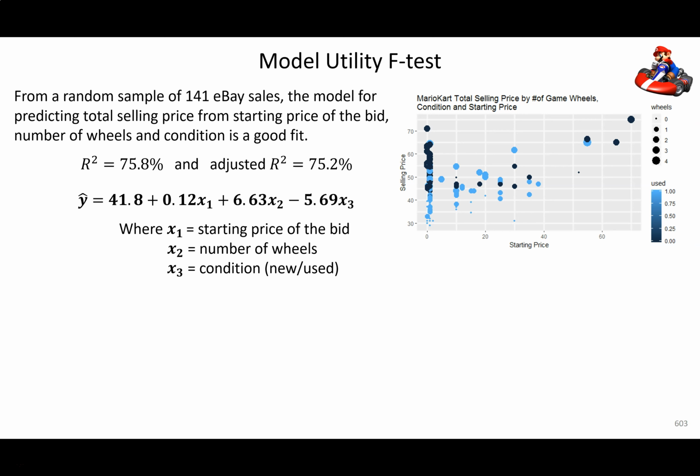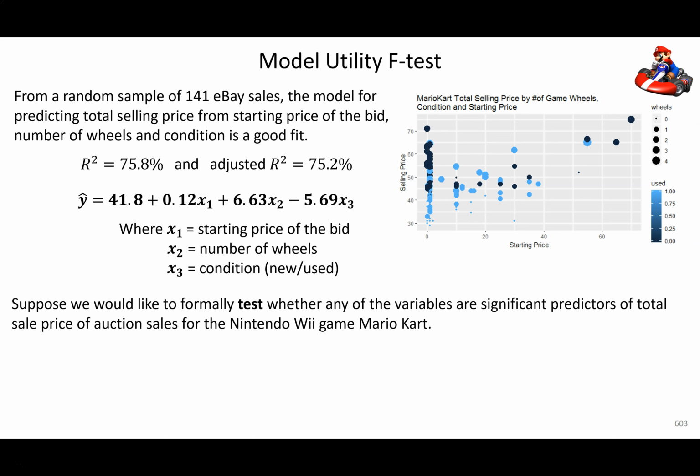The number of Wii wheels, because this was sold for the Nintendo Wii, and the condition, so if it's new or if it's used. We had an R squared of about 75.8% and an adjusted R squared of 75.2%.